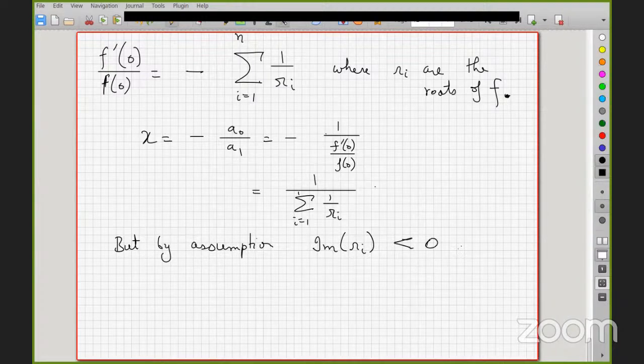Because there are no roots in the closed upper half plane, and so the imaginary part of 1 over ri should be greater than 0. Yeah, greater than 0. So this whole thing implies the imaginary part of x.